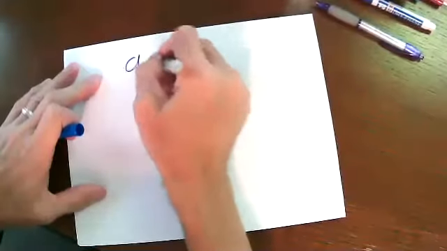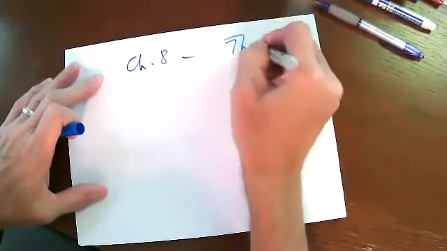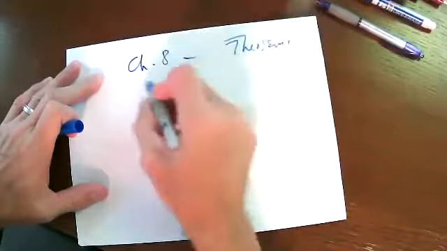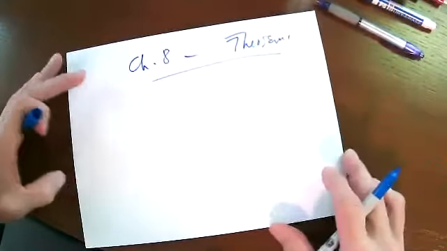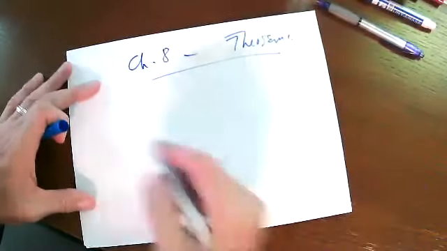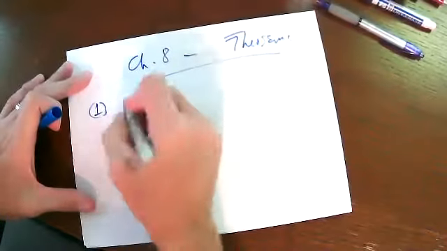All right, let's get this all lined up here. Okay, so chapter 8 is all about the theorems. And I'd like to remind you about one theorem in particular that you should already know, which is the fundamental theorem of calculus.